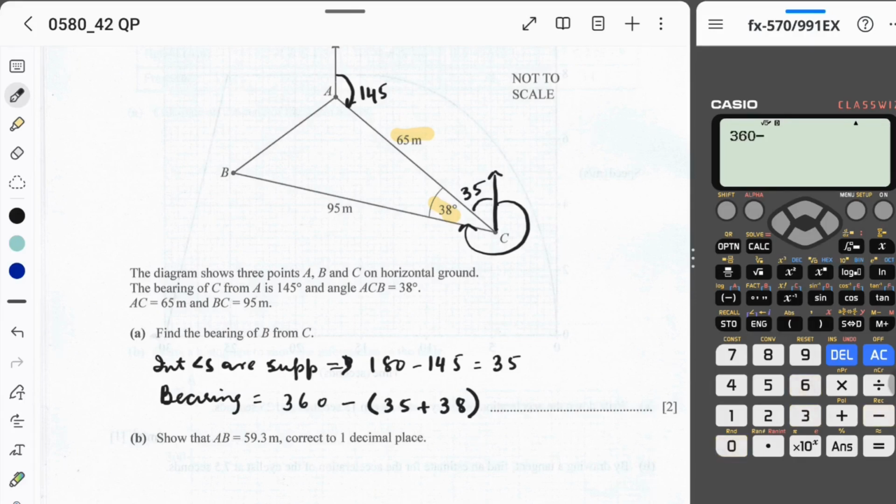So 360 minus 35 plus 38 gives 287 as the bearing.